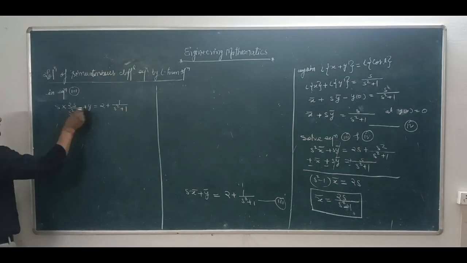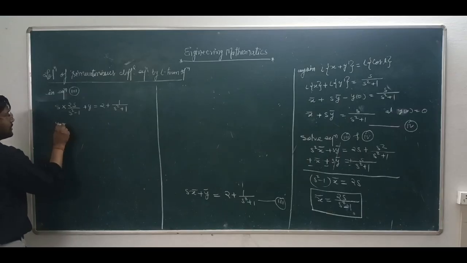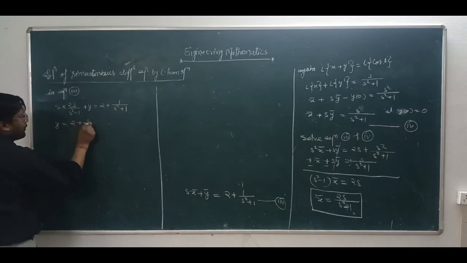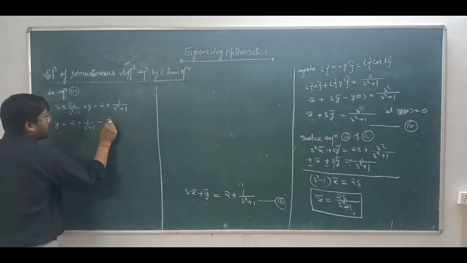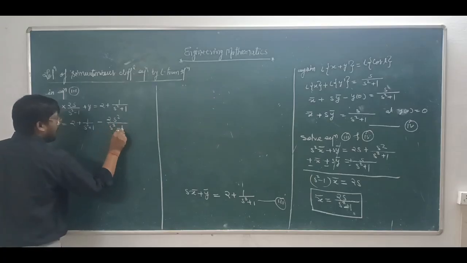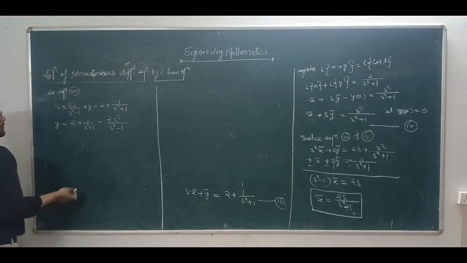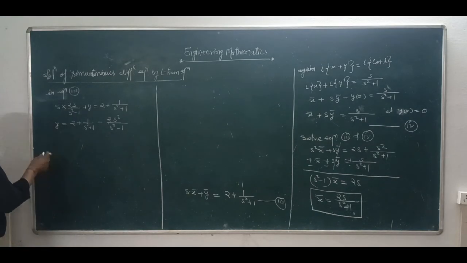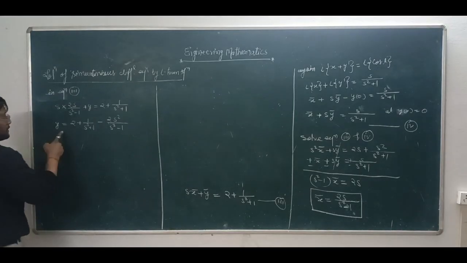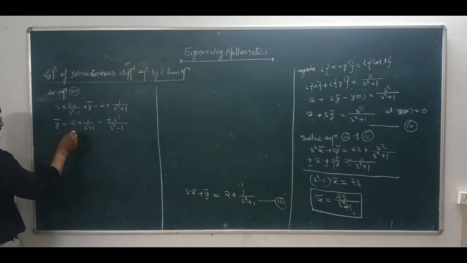Now solving, y bar is equal to 2 plus 1 upon s square plus 1 minus 2 s square upon s square minus 1. This is the value of y bar, the Laplace of y. Now you can write this.